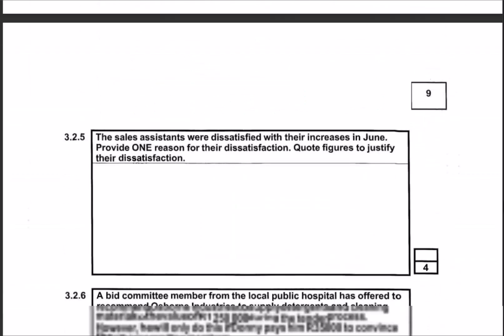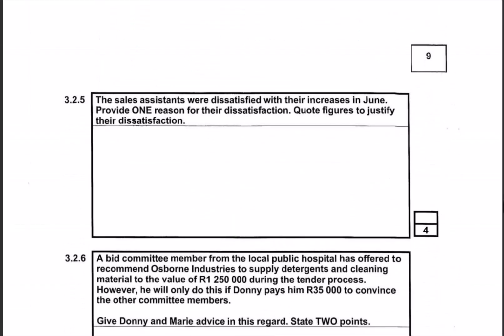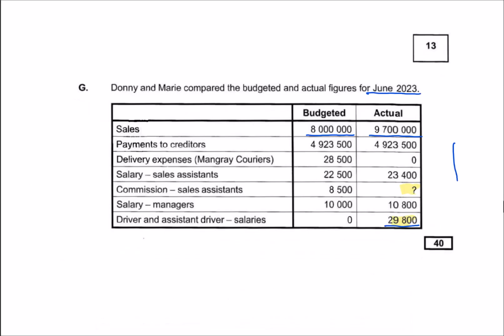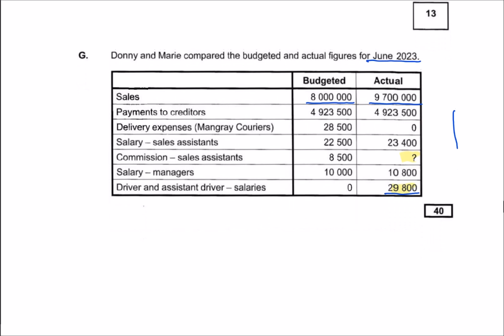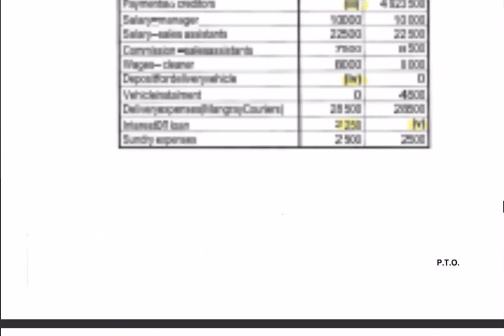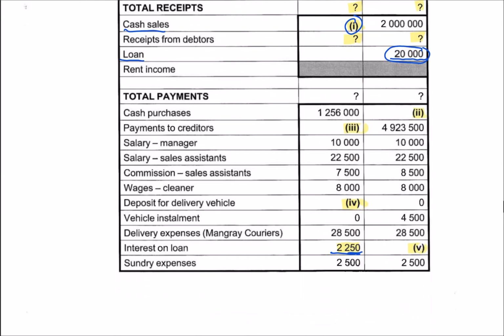Then the sales assistant that's dissatisfied with their increase in June, provide one reason for their dissatisfaction, quote figures to justify, right? If you look at the increase in June, we come here, sales assistants, right? That's sales assistant salary is 22,500.